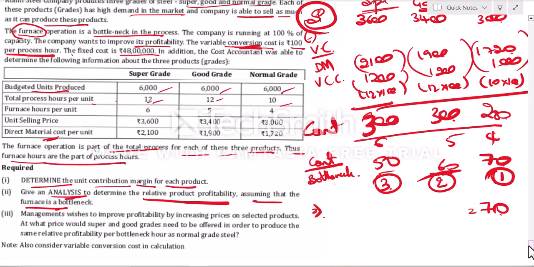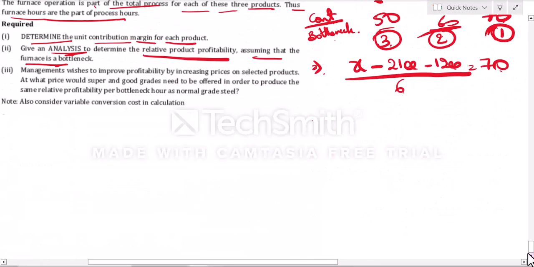We don't know the selling price here, so x minus 2100 minus 1200, divided by 6. In the previous scenario we knew the selling price and arrived at 50. But here we don't know the selling price, but we know the contribution we want. By solving this, we can arrive at x, the price.